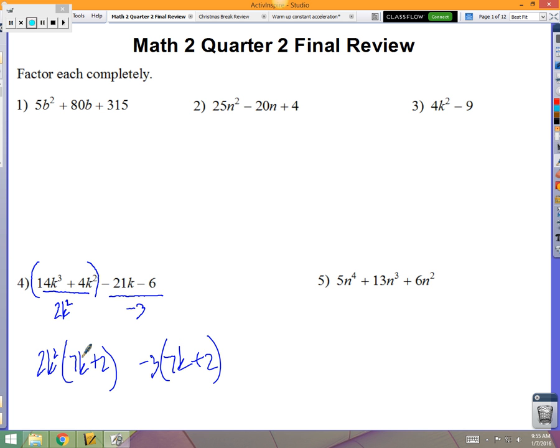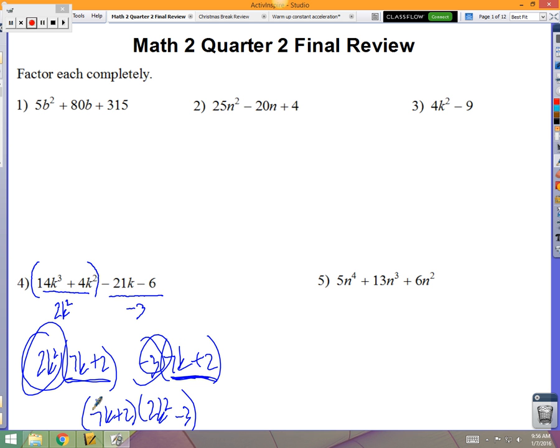Okay, now group 1 versus group 2. In both groups you got a 7k plus 2. So your final answer is going to be 7k plus 2. And in the other group, it's going to be these guys. So it's going to be 2k squared minus 3. And that's your answer.